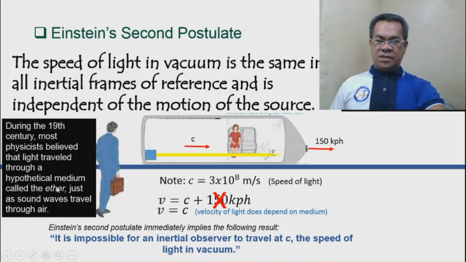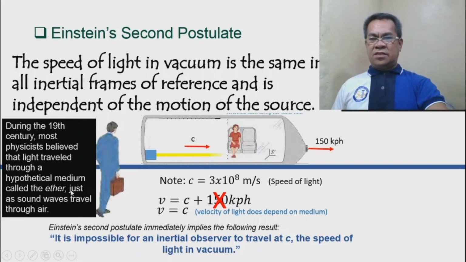So there must be something, but ether is hypothetical. It was not yet observed, but they concluded that light moves with respect to ether, just like sound travels through air, so light should travel with respect to ether.